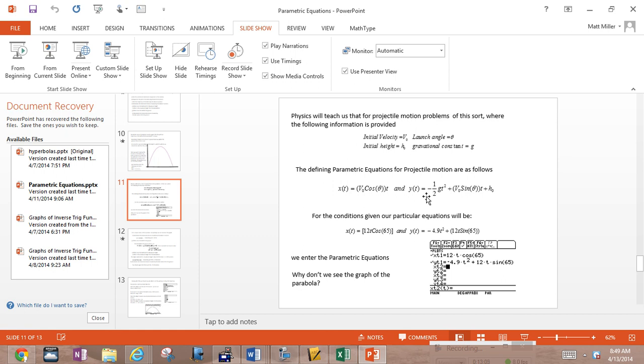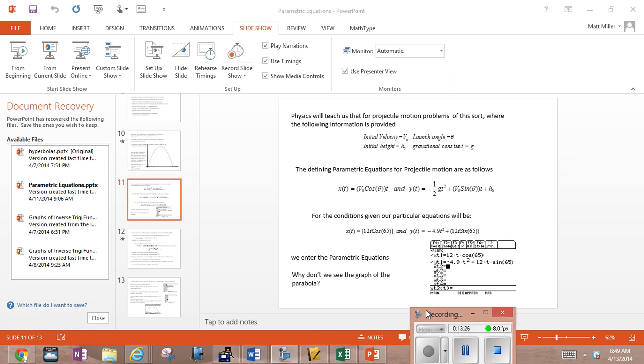You'll find t equals 0 at the launch time, and then you'll find the other time when it hits the ground again. So that will probably be one of the equations you'll be using mostly. I'll have plenty of examples for you to work on, and we'll have fun with those problems in class.